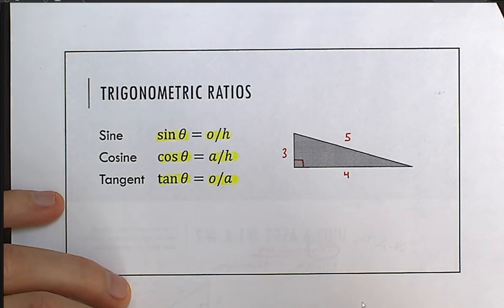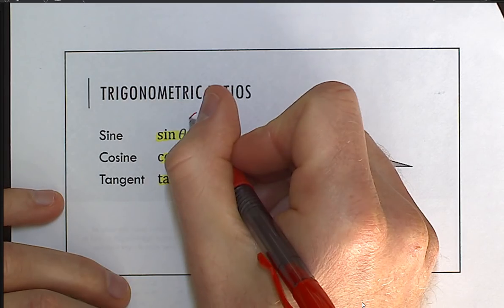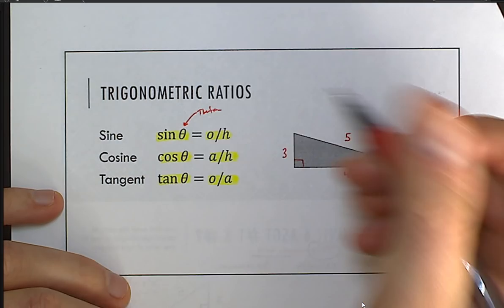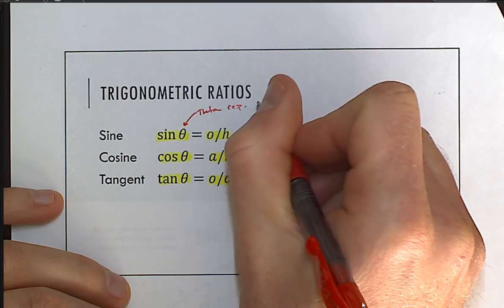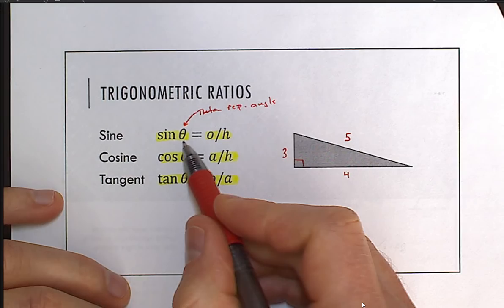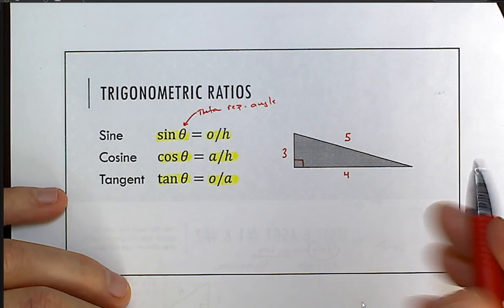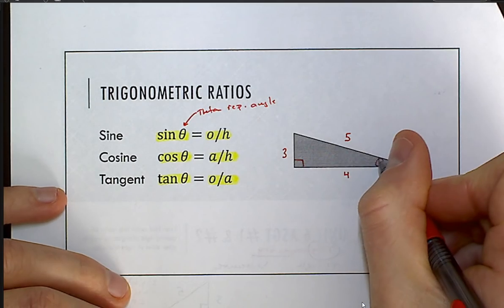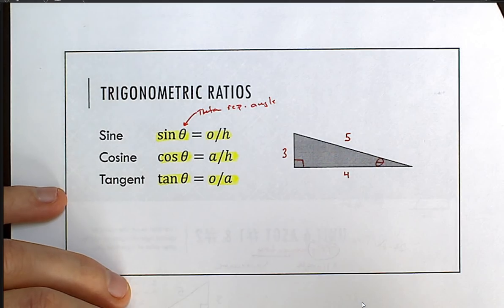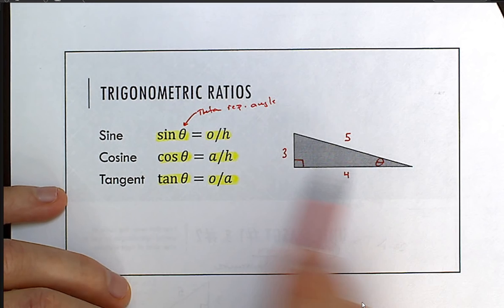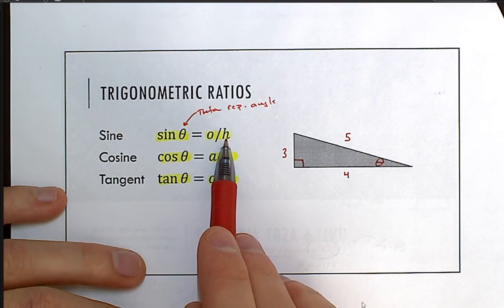This is theta, and theta represents an angle. When you see this theta symbol, it just represents an angle measure. So I'm going to put a theta symbol right here, and that just means we're talking about that angle. So the sine of this angle theta is opposite over hypotenuse. That ratio remains the same.